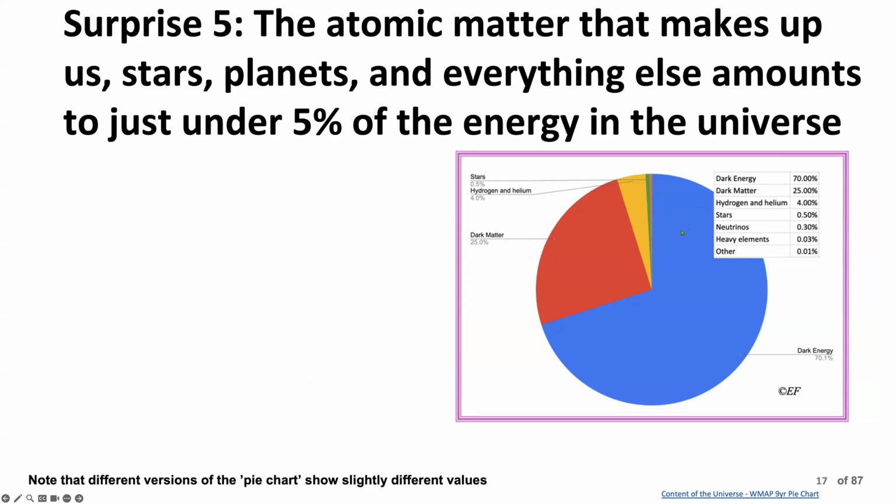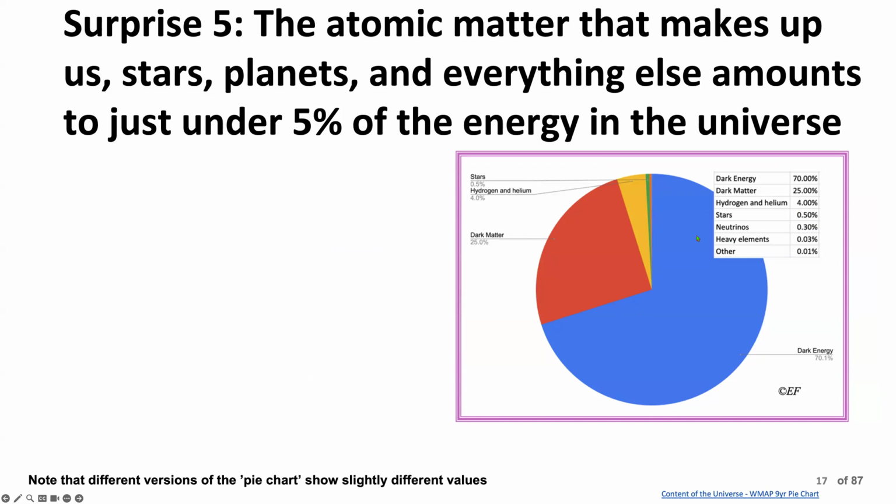I should have mentioned, of course, that we rely on Einstein's insight that energy and mass are related. E equals mc squared is, in every school in the world, written on somebody's wall in the physics room or the chemistry room. So here's the partition of energy in our universe.